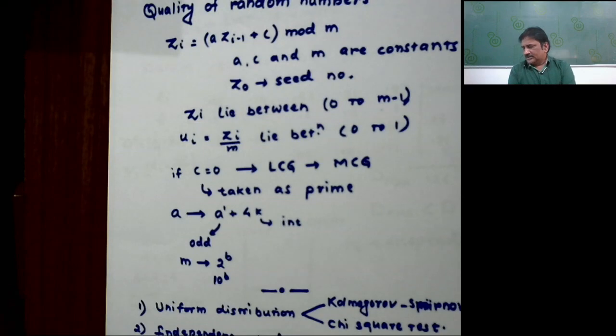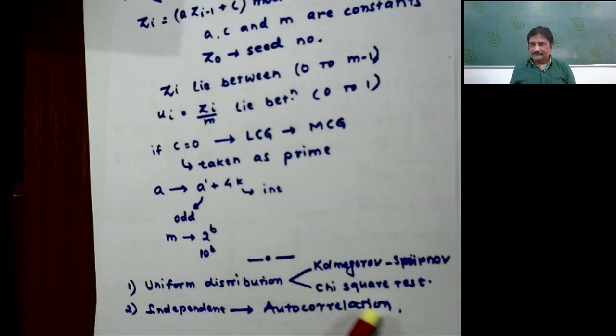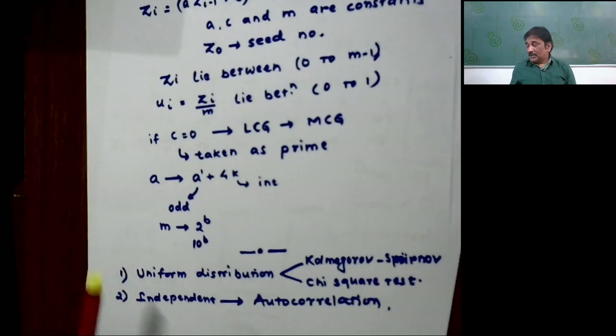One way is a non-parametric test by Kolmogorov-Smirnov. Okay, very simple test. And another is the chi-square test. By these two tests, you will come to know whether the numbers given to you follow uniform distribution or not. All right. We'll be seeing both of them.